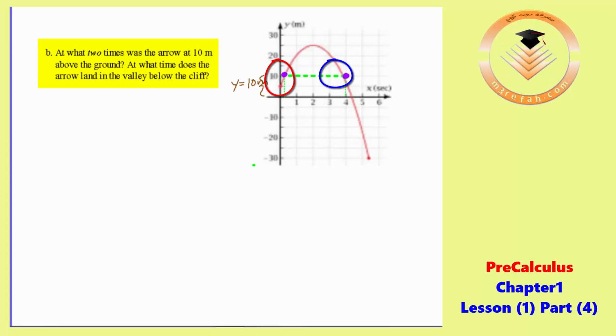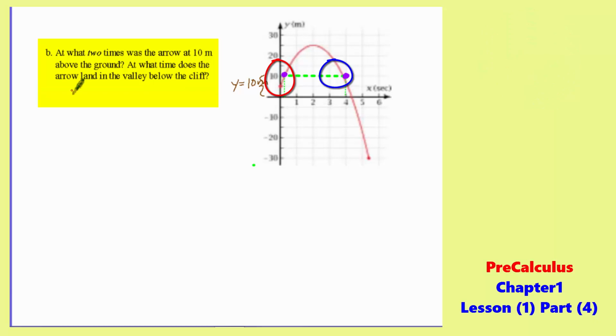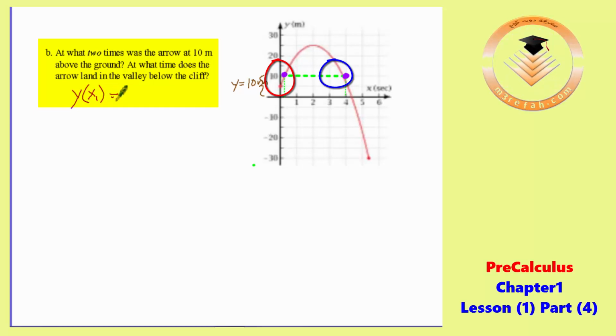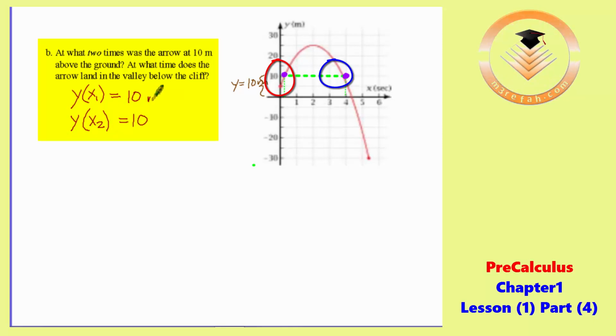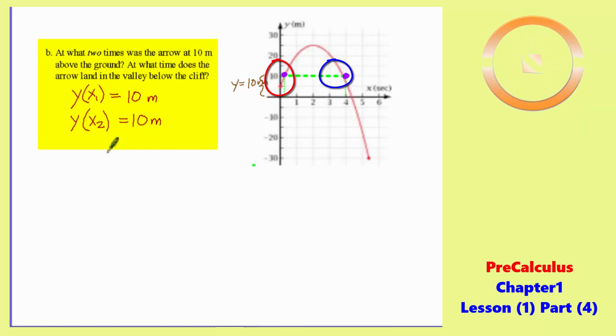So y of x1 is equal to 10. Now there is another x2 wherein the value is also equal to 10 meters. Looking at the graph, x1 would be approximately 0.2 seconds.